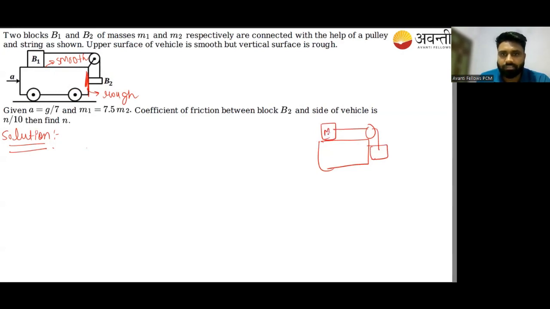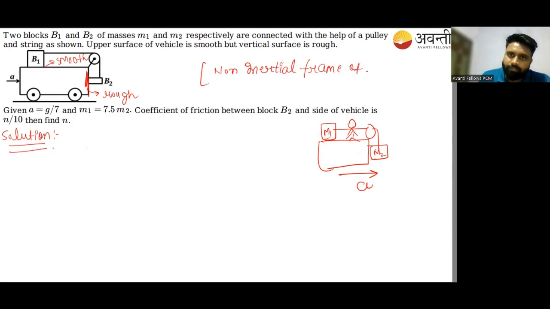This is block M1, this is block M2. Now this bogie is moving in this direction with an acceleration. We sit on the bogie and try to observe the motion of these blocks. So we are in the non-inertial frame of reference.